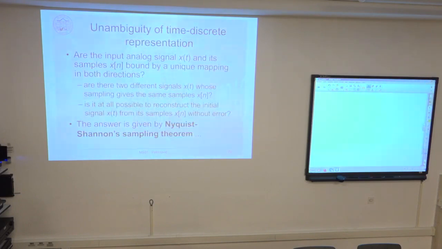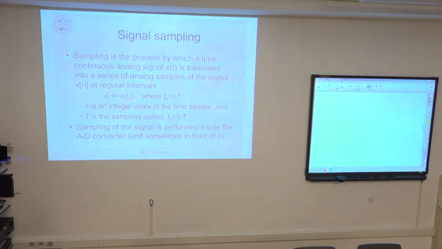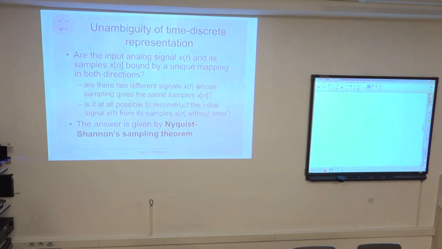Okay, and now we come to the basic question of ambiguity or unambiguity of time discrete representation. The question is, if we have analog signal x of t and its corresponding samples x of n computed in this way, what is the mapping between these two signals, between continuous signal and x of n?